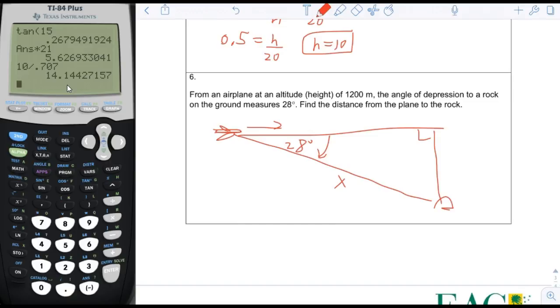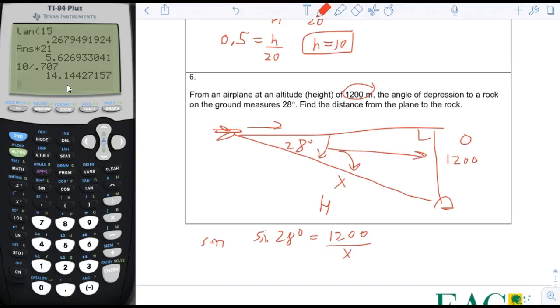Do we know any other information? Yeah, 1,200 meters is the height. So this vertical is 1,200 meters. And what relationship is going to relate this angle with this opposite side and with this hypotenuse? Well, that would be sine, right? So it would be sine of 28 degrees is equal to the opposite, which is 1,200, divided by the hypotenuse, which is x, okay?